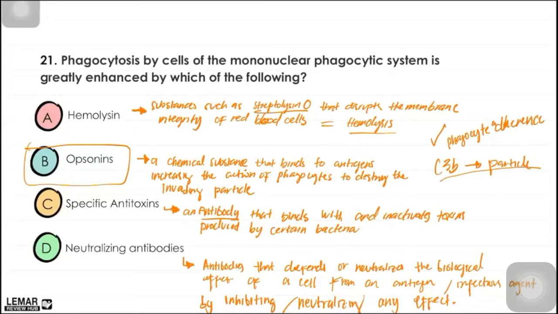These are antibodies that defend against or neutralize the biological effect of an antigen or infectious microorganism, by inhibiting or neutralizing any of its effects. So for number 21, again, the answer is letter B, opsonins.